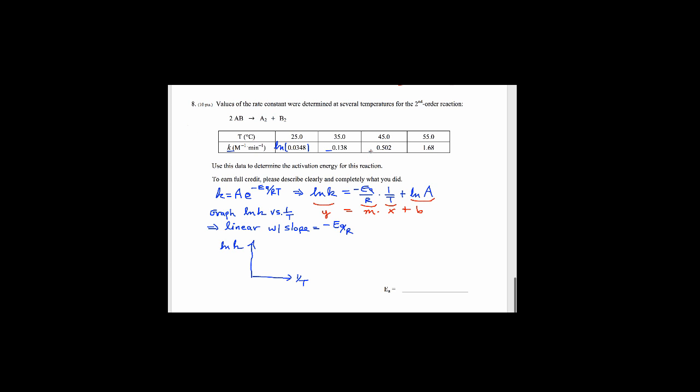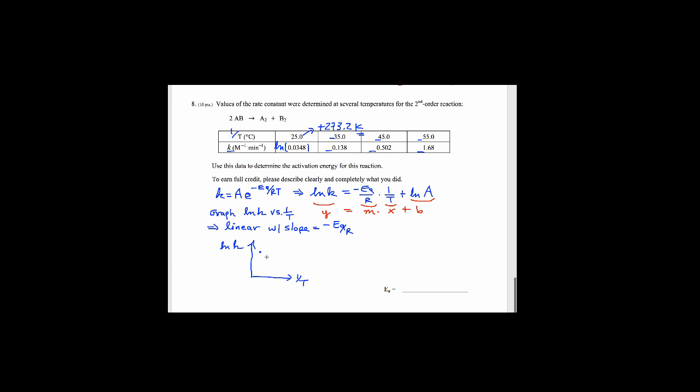And we'll do that to each one. Our T values, we have to do our temperatures in Kelvin, so we're going to add 273 to each of these temperatures to have it in Kelvin, and then we're going to do 1 over our values for each of these 4 data points.